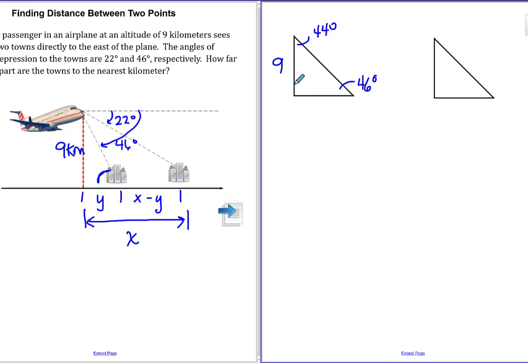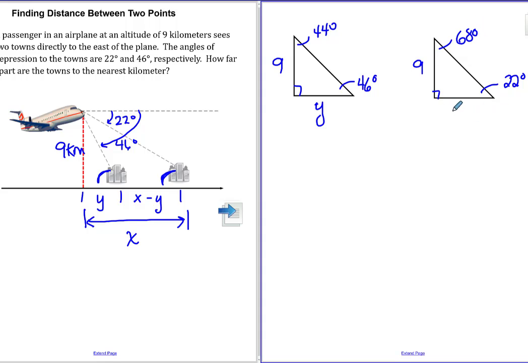And the height is 9 kilometers. We've made a right triangle, and that's the distance Y on the ground between the airplane and the first town. Now the second triangle still has the same height, 9 kilometers, and we've got 22 degrees for that angle of depression, which makes 2 parallel lines cut by a transversal, so alternate interior angles are equal, and this angle down here at the ground is 22 degrees as well, which makes this angle up here 68 degrees.